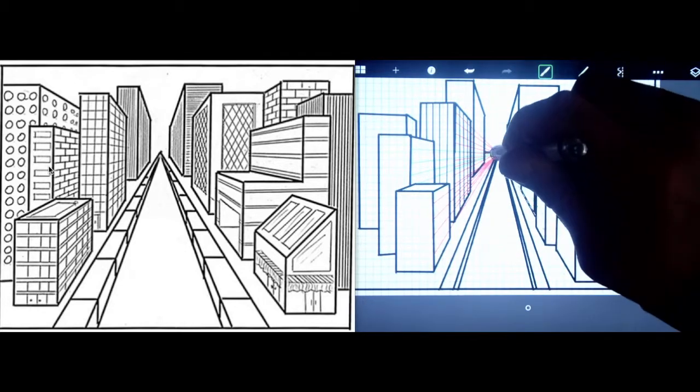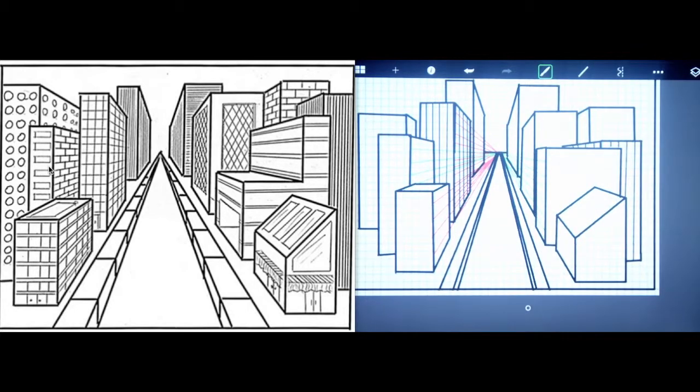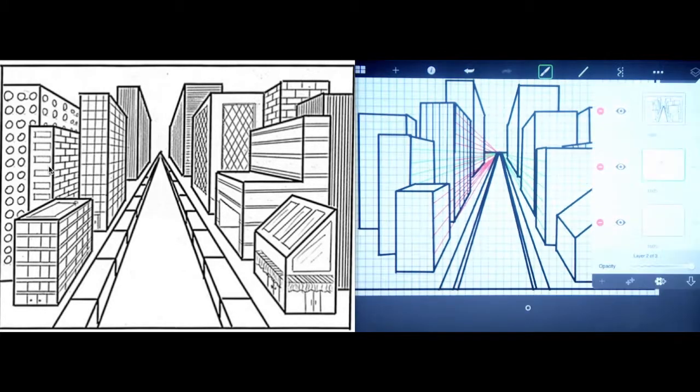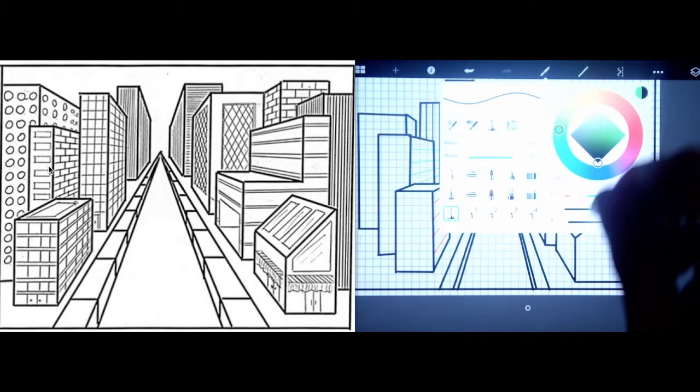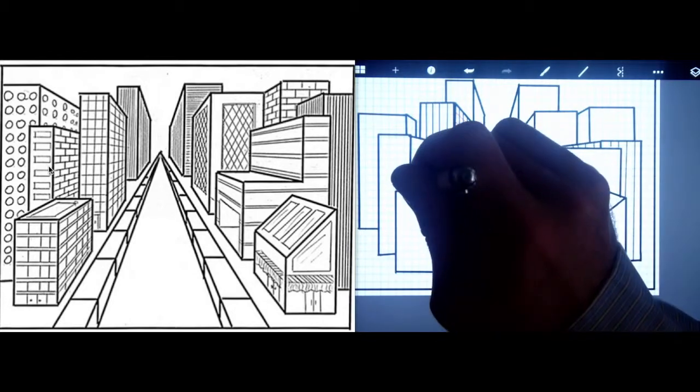So depending on the details you want your building to have, we're going to have to do a lot more lines of perspective. And again, that'll be on your second layer. Then you can come in on your final drawing layer, once you have those lines in, and use the black pen tool to be able to retrace those lines.